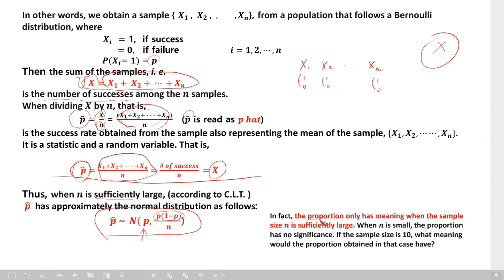In fact, this only has meaning when the sample size n is sufficiently large. If the sample size n is small, like 10, then it does not have any meaning because it changes by 10% for each sample value.